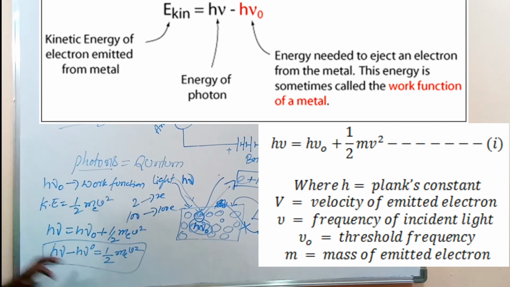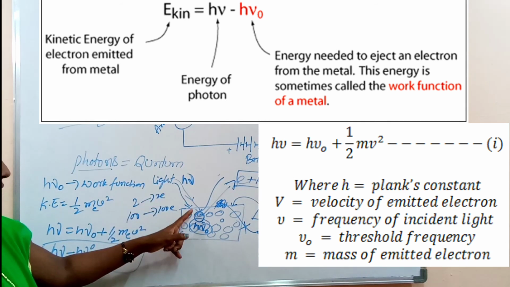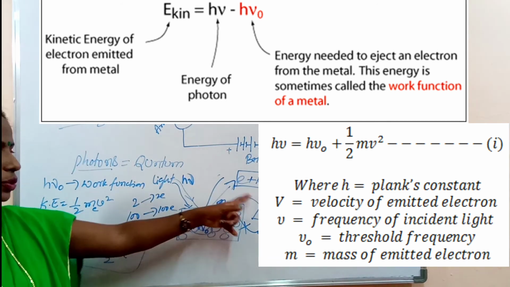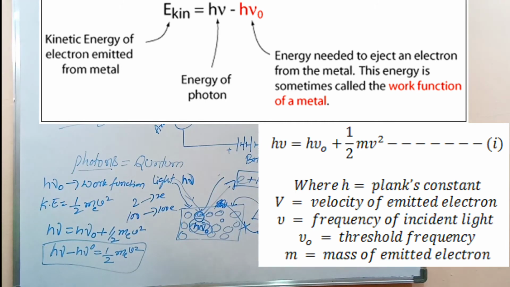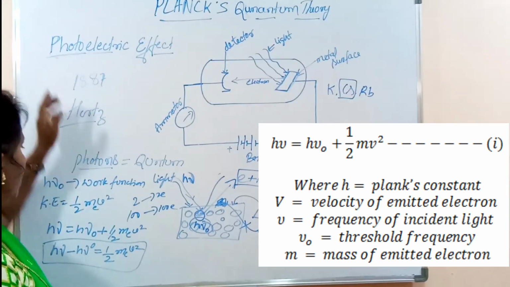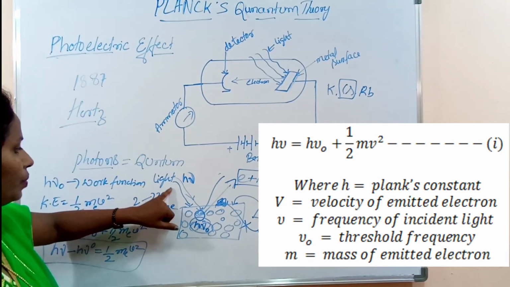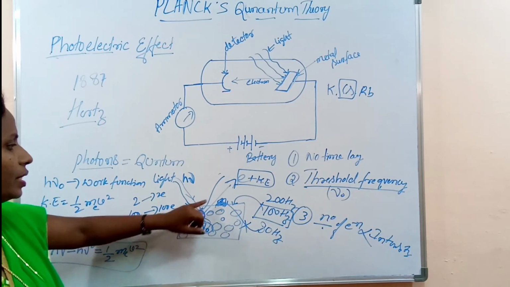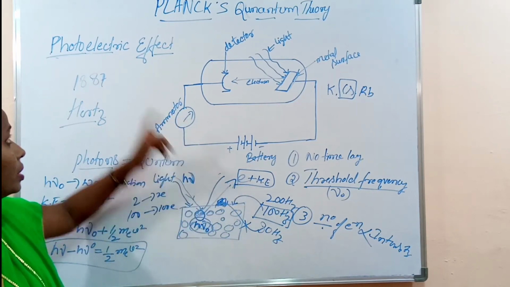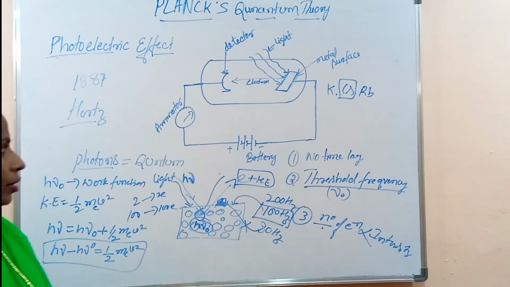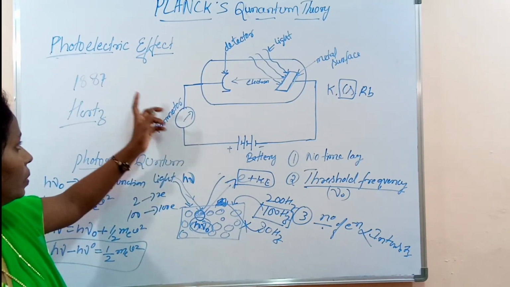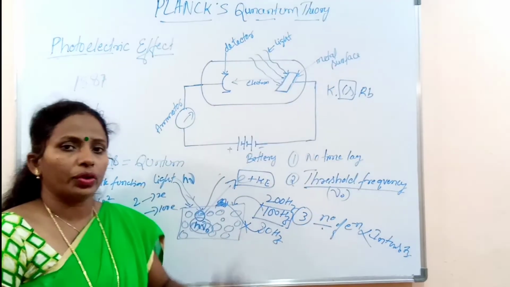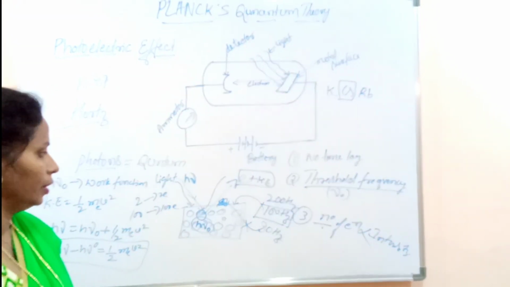The difference between incident energy and the work function gives the kinetic energy of the ejected photoelectron. Photons when incident on the metal surface eject an electron, that electron is called a photoelectron, electricity passes through the circuit, and that effect is called the photoelectric effect.